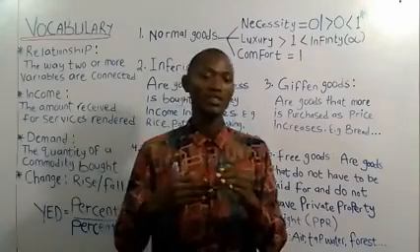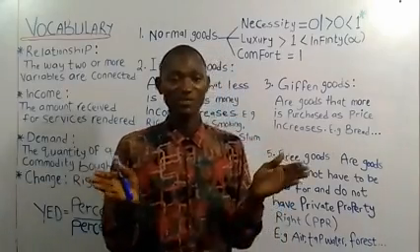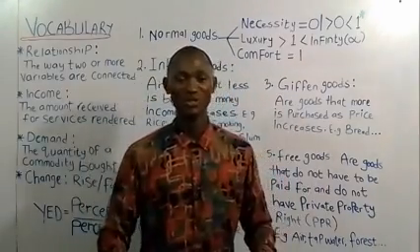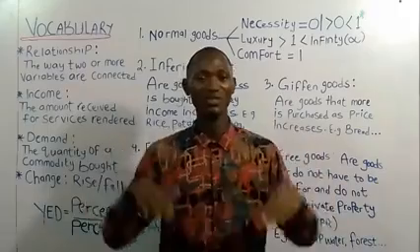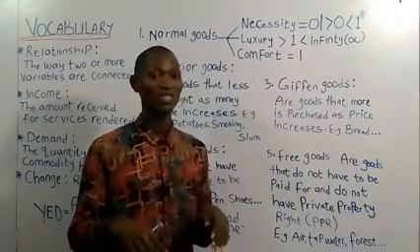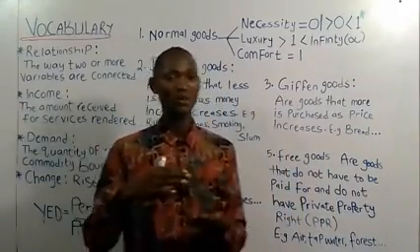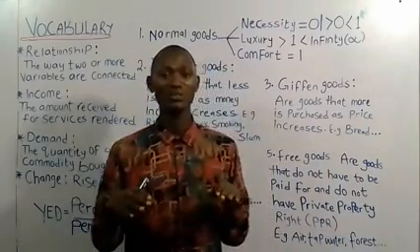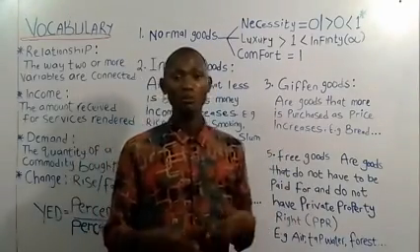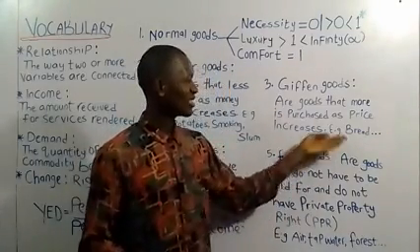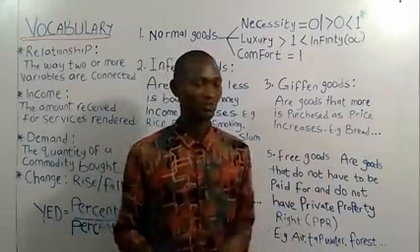Negative means it slopes negatively, means the higher the price, the lower the quantity demanded, or the lower the price, the higher the quantity demanded. So Giffen goods is an abnormal demand situation whereby when price is high, quantity demanded is what? Is high. So that makes the demand curve slope positively. And a good example of Giffen goods is bread.